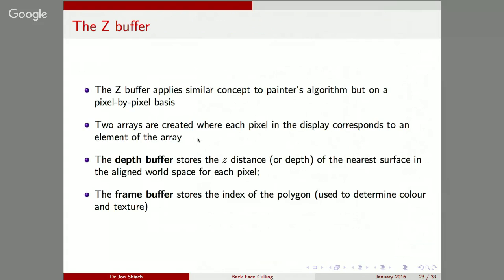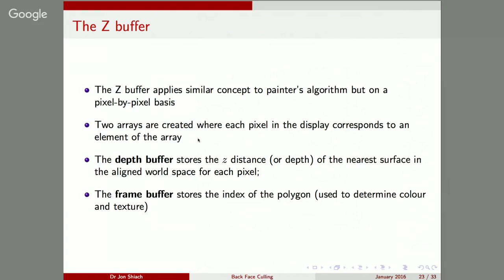Pixel by pixel, we need 2 arrays, called buffers. When I say buffer, just think of it as an array or a matrix. The first is called the depth buffer. There is an element for each pixel. So if you've got 100 by 100 pixels, you'd have a 100 by 100 matrix.